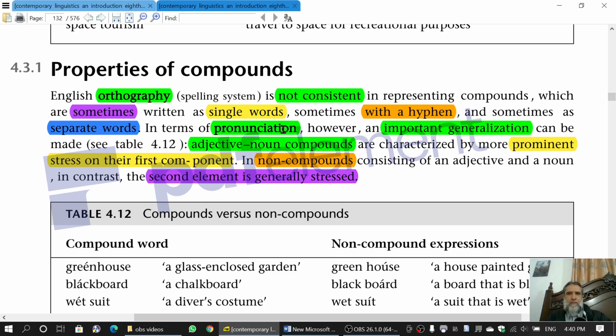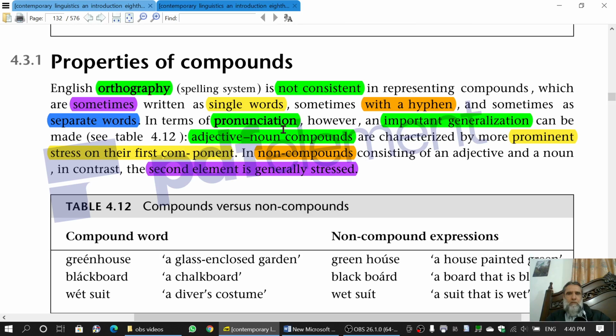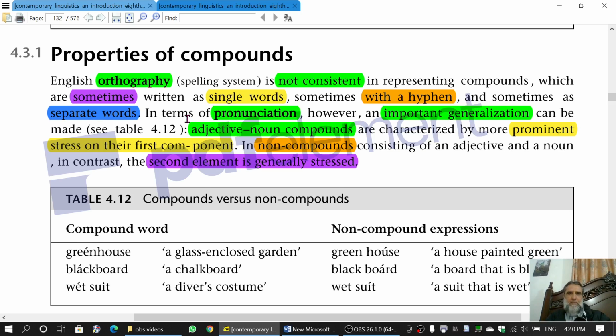Coming to the pronunciation, though we cannot say that it is 100% consistent, an important generalization is present, and that important generalization is that if a compound is a combination of an adjective and a noun, that is, adjective and noun joining together make one noun, for example, green and house. Green is an adjective, house is a noun.